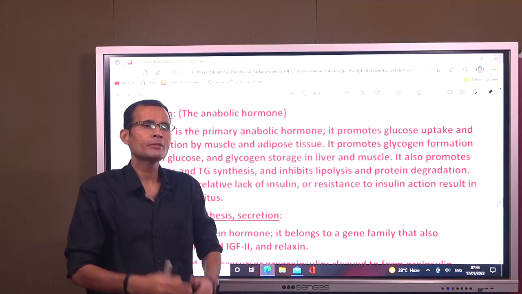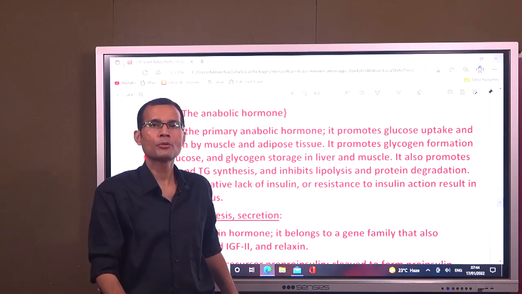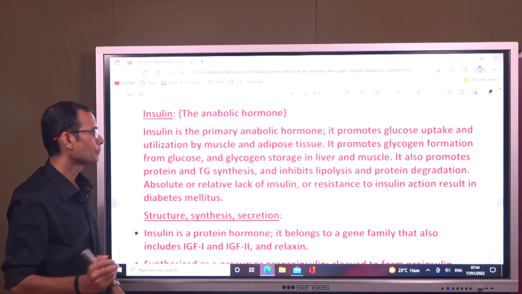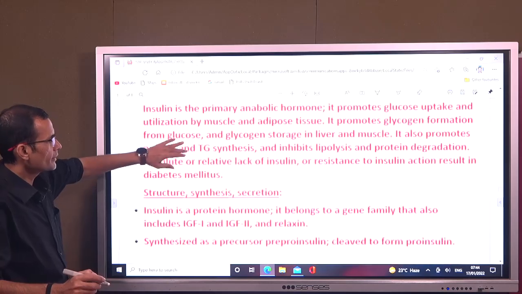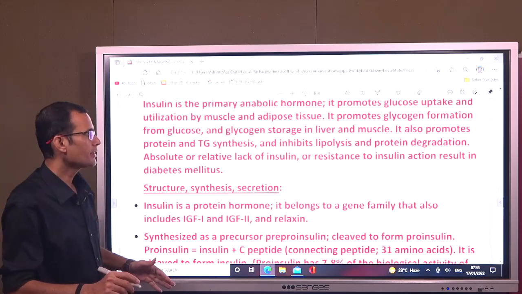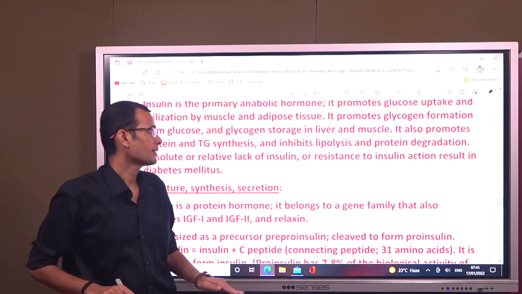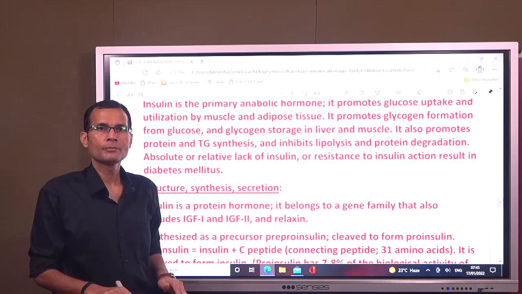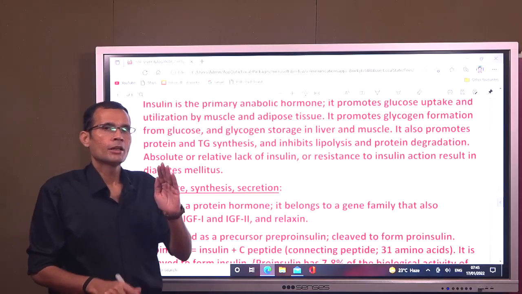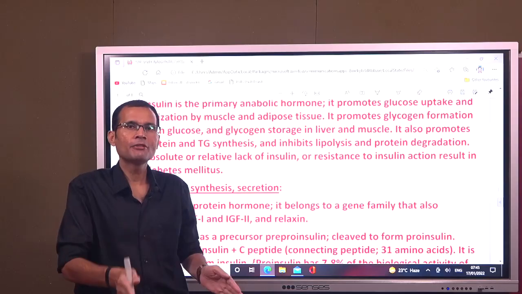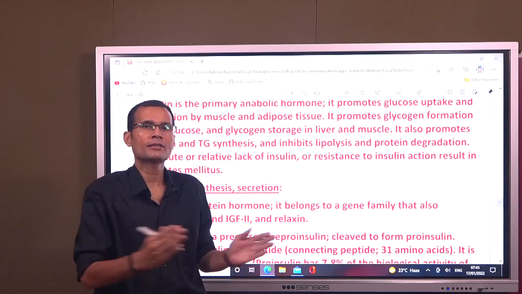Anabolic hormone means protein synthesis will also be promoted by insulin. It promotes protein synthesis, it promotes TG synthesis, and it will inhibit lipolysis and protein degradation. Therefore, the actions can be divided into two parts.